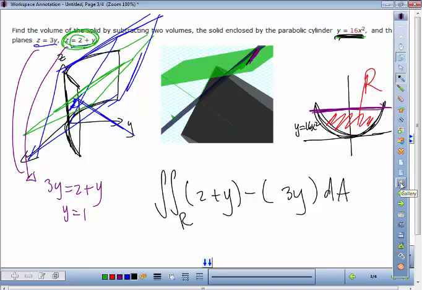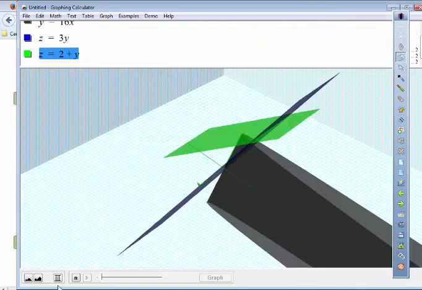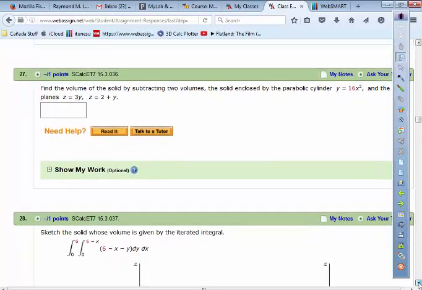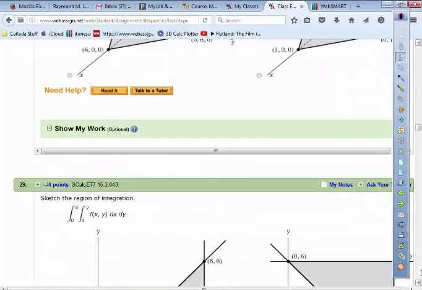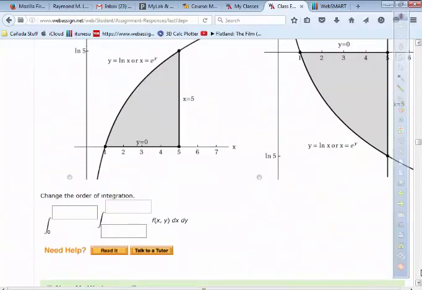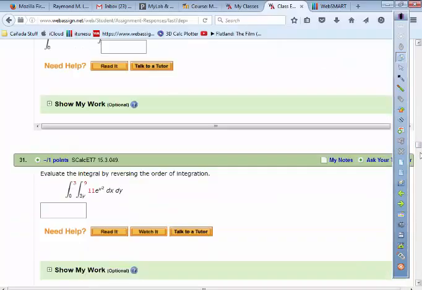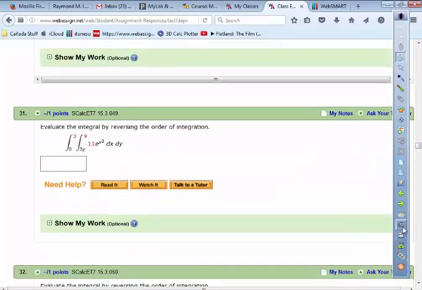So if we're good with this, I want to move on to another type of problem in our last 2 minutes. And there's some other visualization here that I think is going to be important for you to do.